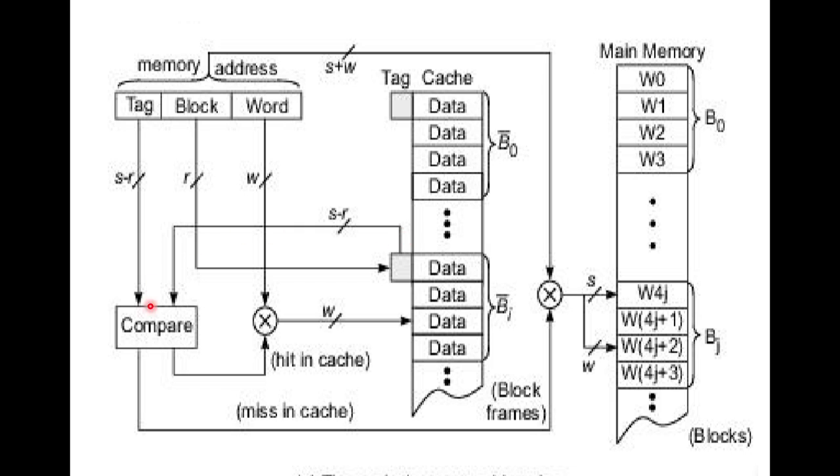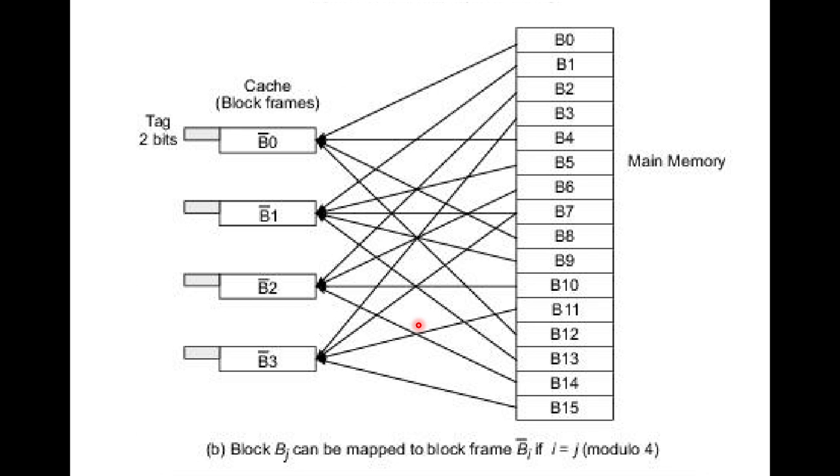If both match, if they are equal, then we will generate a hit in the cache. Otherwise it is a miss in the cache, and the block in frames will be fetched from the main memory because the data is not available here. So this is how direct mapping cache organization works.